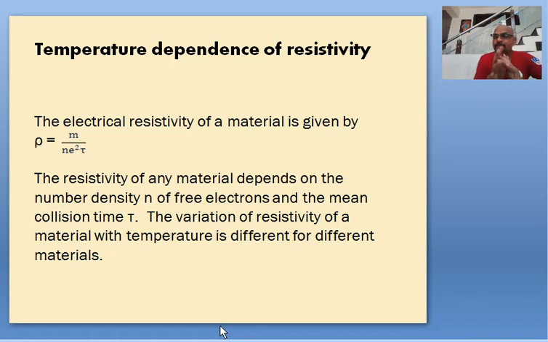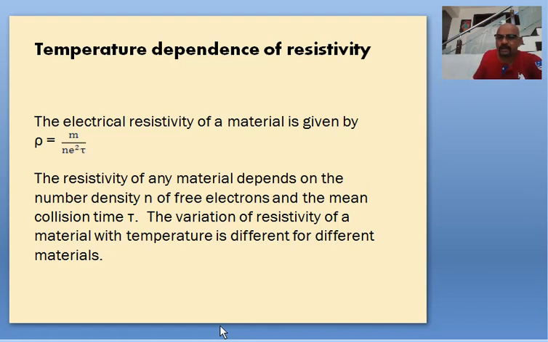So it should be very clear that the resistivity depends on the nature of the material of the conductor and the temperature. Okay. Now the variation of resistivity with temperature is different for different materials.